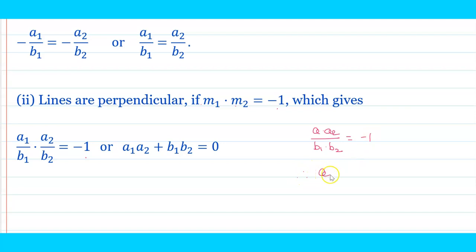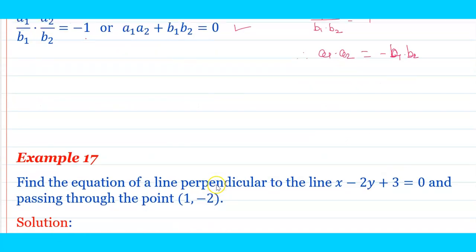And therefore, a1 into a2 is equals to minus b1 into b2, and we transfer this to the left hand side, it will become a1 into a2 plus b1 into b2, that's equals to 0. Okay, this is the condition for the perpendicular. Two lines are perpendicular.